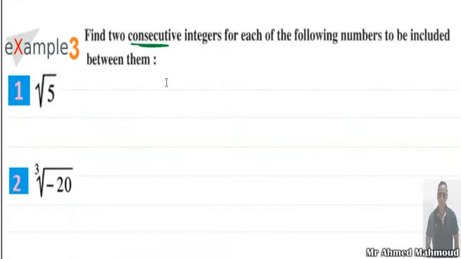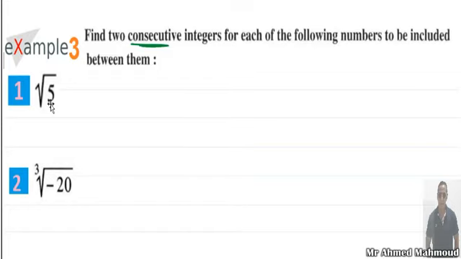Now I need to find 2 integers in which root 5 is included between them. Root 5 here is not an integer.